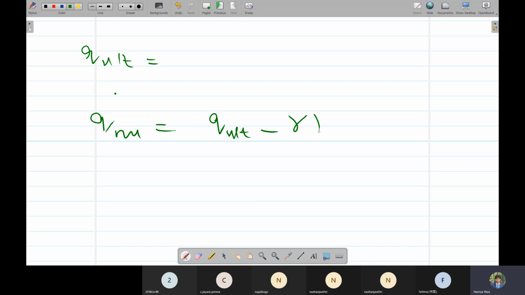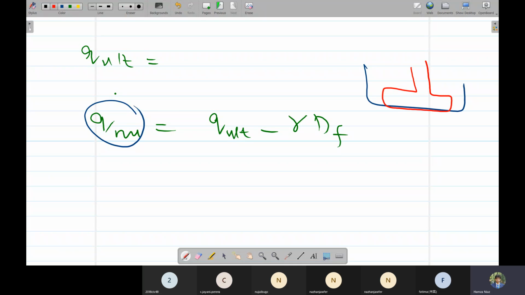Net ultimate means the actual increase in pressure over the foundation. For example, this is our footing, this is our base. So we place this footing on this. So the actual pressure the footing is applying would be simply Q ultimate minus gamma Df. Why? Because we have also excavated this amount of soil.